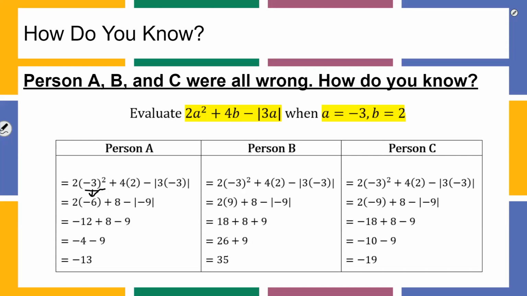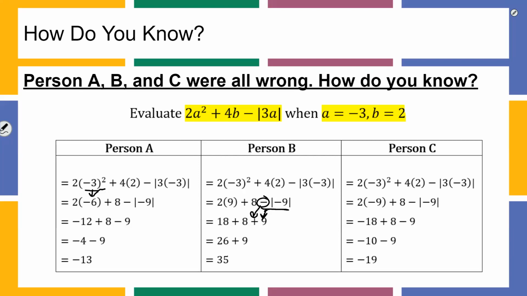Anyone find the mistake in person B's work? Okay. And what's wrong with this one? Like it is minus. That one. Yeah, so here, this should have been a positive, correct, but then this minus should still be here.